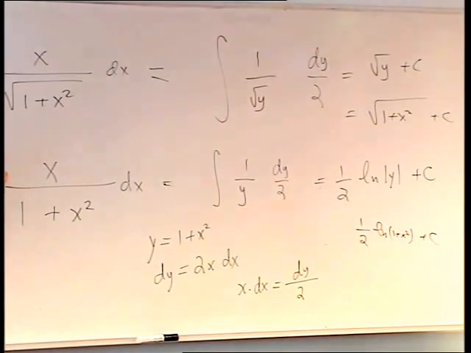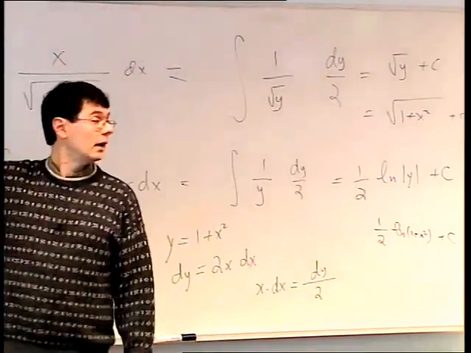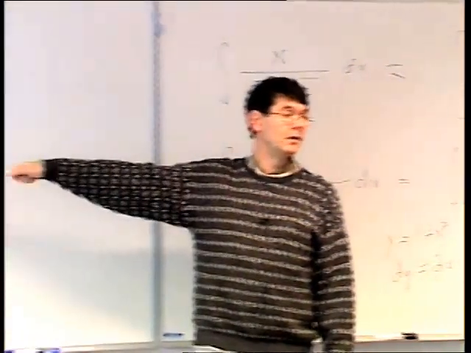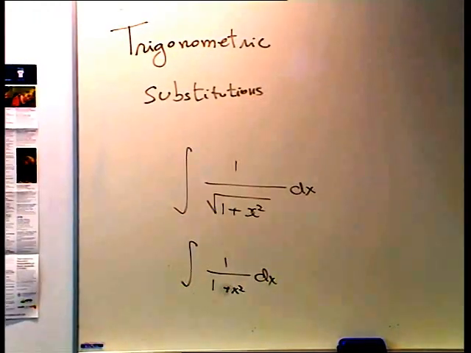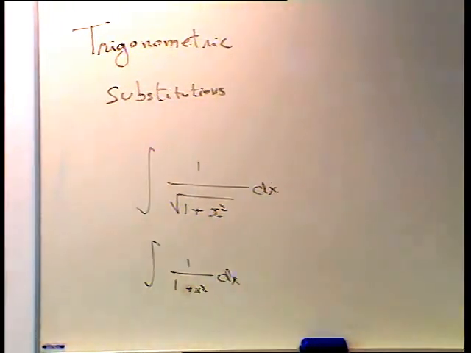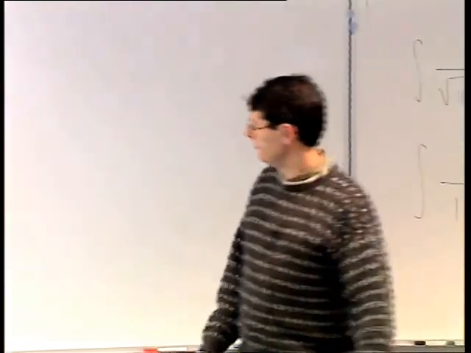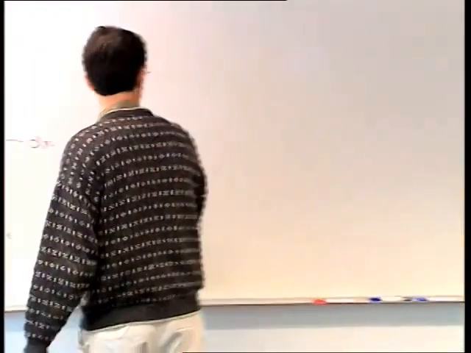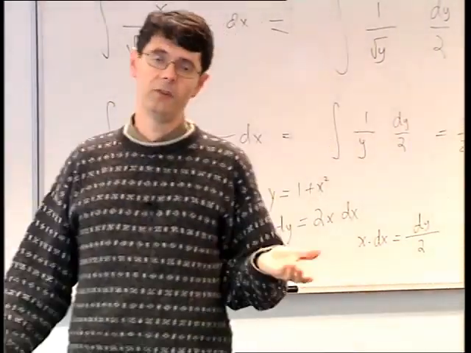Why did it work? It worked because you have the x dx. It's never going to work there. You don't have the x in the numerator that you needed for this to work. So in a situation like that, your options are famous, right?